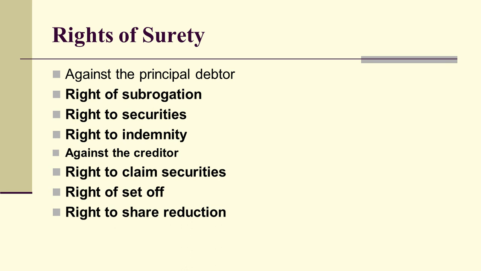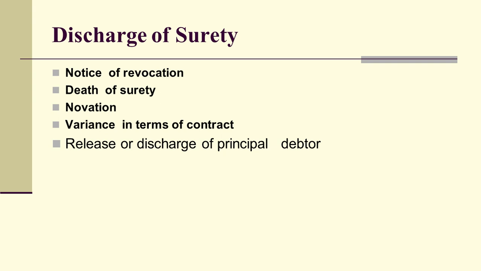And the right to share reduction: in the case of insolvency of the principal debtor, the surety has the right to share the losses incurred in the contract. So these are the rights of the surety.